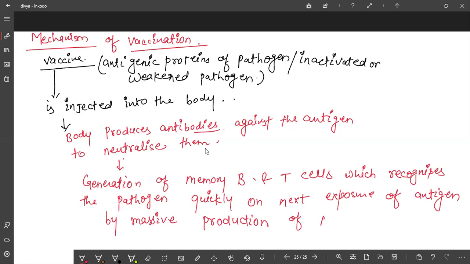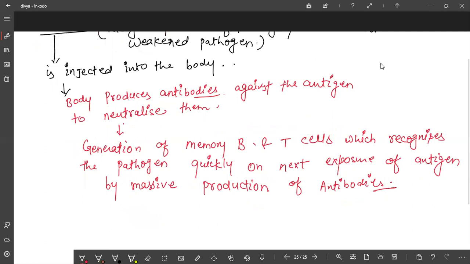So basically this is the principle behind vaccination or immunization.